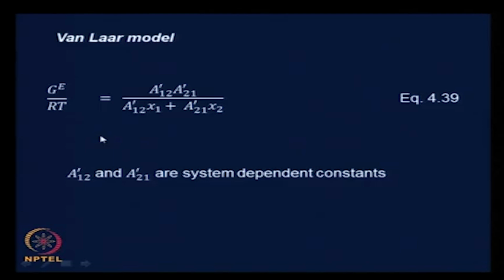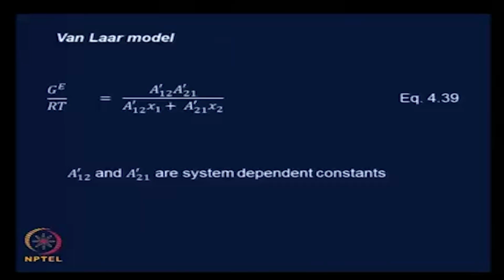By using the same procedure, I am not going to give you extra time in class this time. Please take this as homework and do this, maybe it will come back as one of the exercise problems too. By using a similar procedure as we did for the Margules and the Redlich-Kister models, if we find the expressions for activity coefficients, they would turn out to be ln gamma 1 equals A12 dash times 1 by the square of 1 plus A12 dash x1 divided by A21 dash x2, since this is to the power of minus 2.